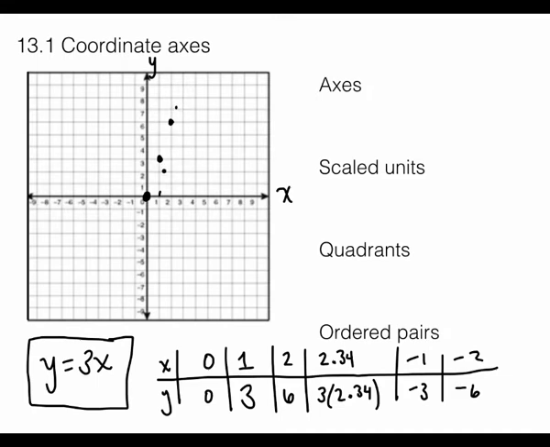Okay, -1, -3, -2, -6. So I've plotted a bunch of disjoint points so far, right?